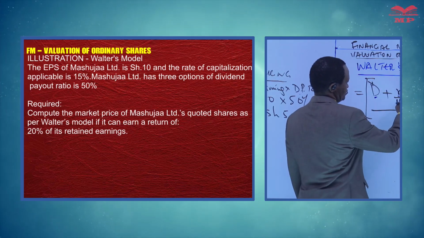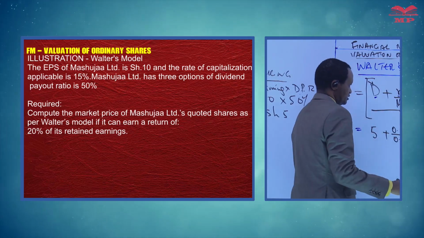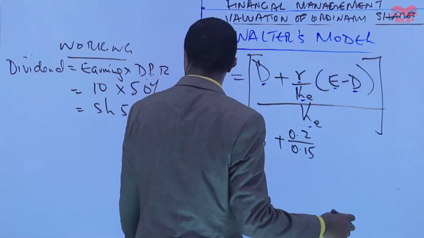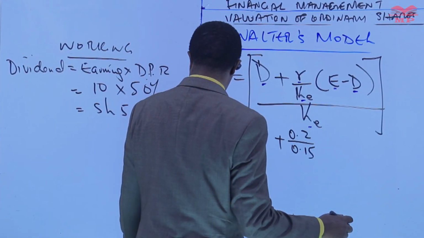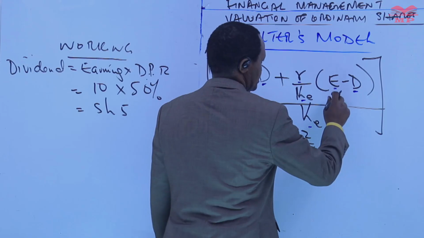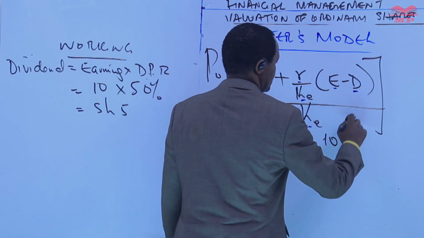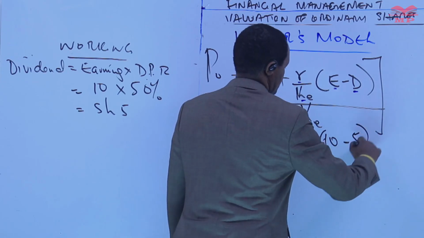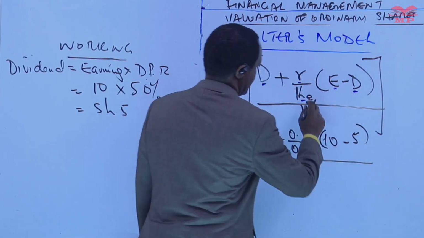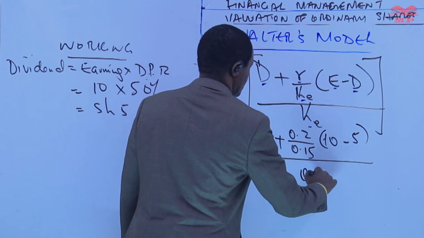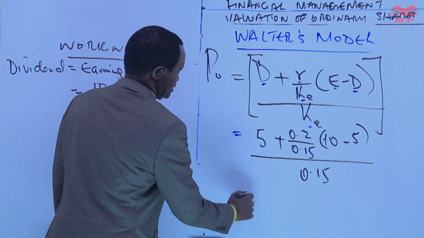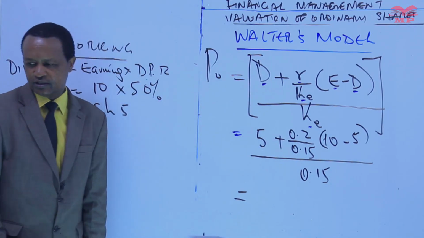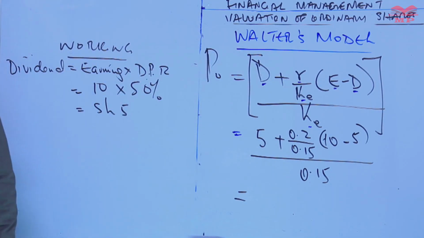So that over that. The earnings, we had earnings of 10 shillings. Dividend, we have here, 5 shillings. Then all this we divide by KE of 0.15. What is the price of the share? 77.78.